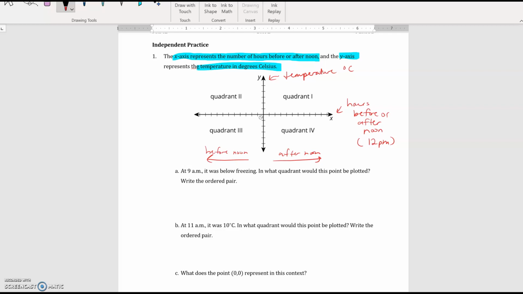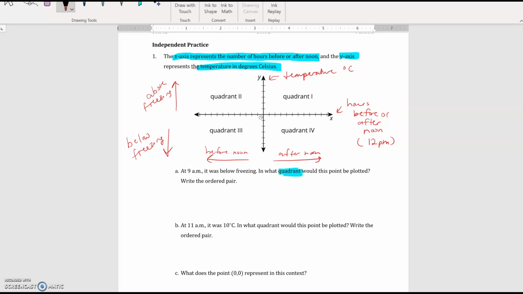Thinking about temperature, this is going to be above freezing, and then below freezing. So right now you're going to answer the question. I'm going to do A, and then you're going to do B. So A says, at 9 a.m. it was below freezing. In what quadrant would I be?